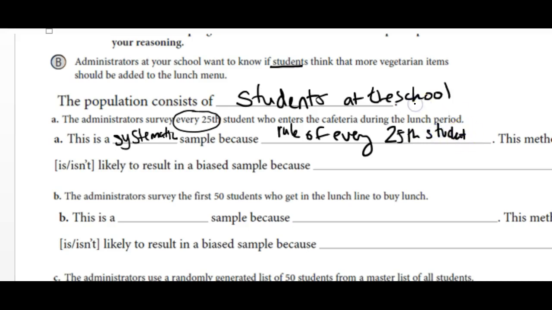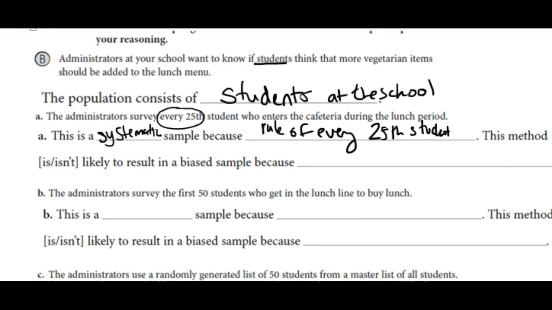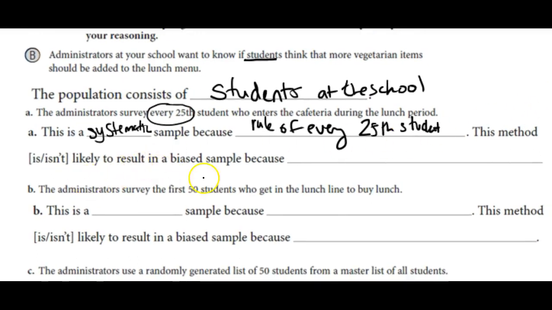Now let's think about this. Would this method likely result in a biased sample? Well, it wouldn't. And that's because essentially we have a wide range of students to choose from.